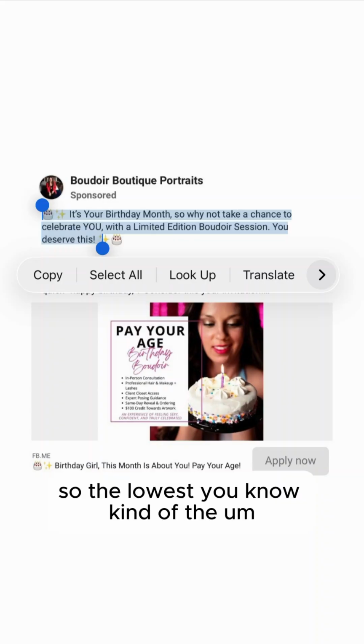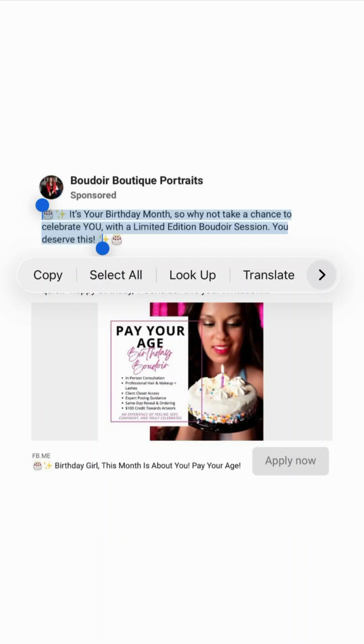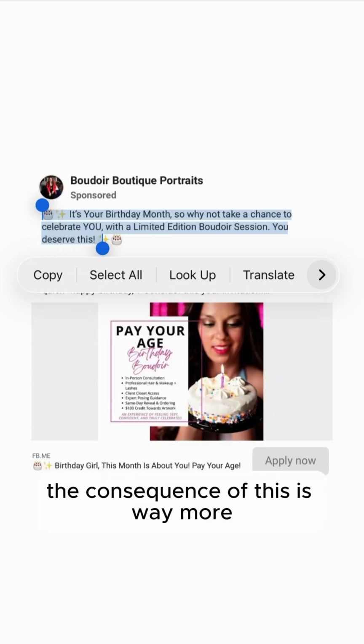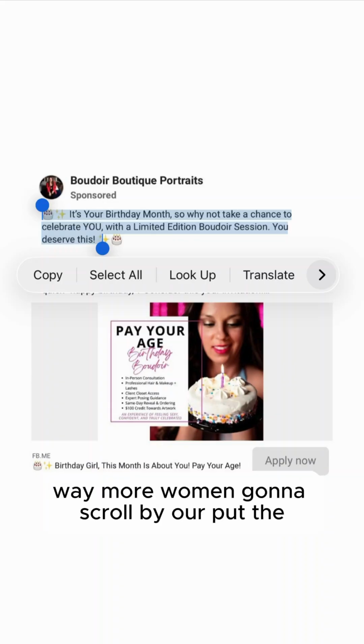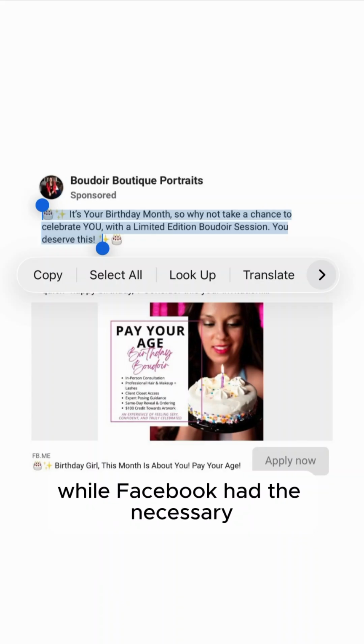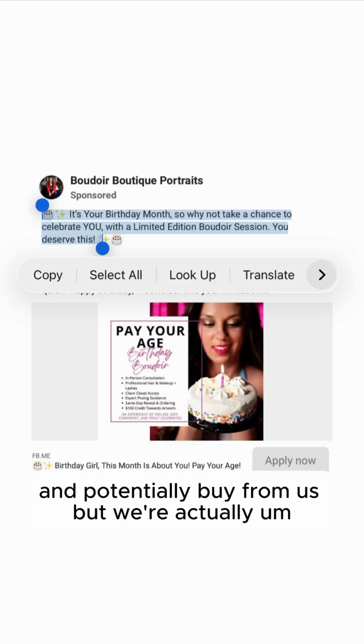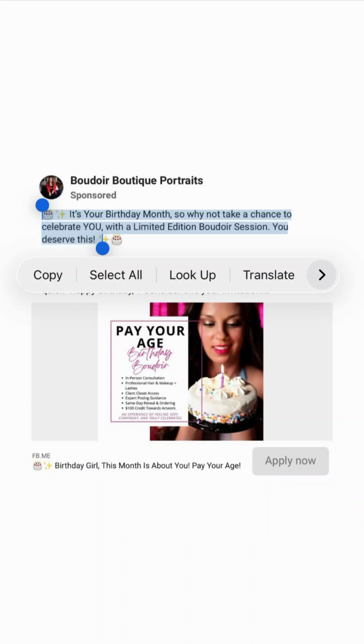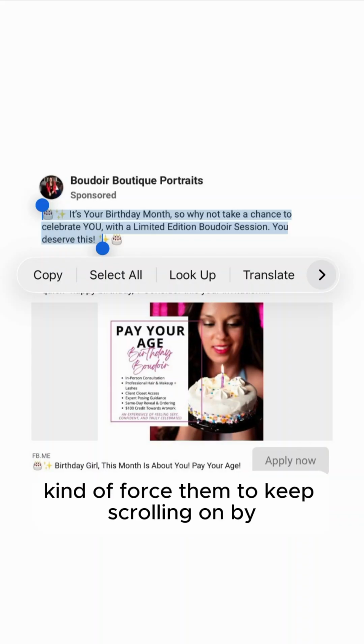The consequence of this is way more women are going to scroll by our Boudoir Facebook ad than necessary. That could have been perfect to click in and potentially buy from us, but the way we set it up, we kind of force them to keep scrolling on by.